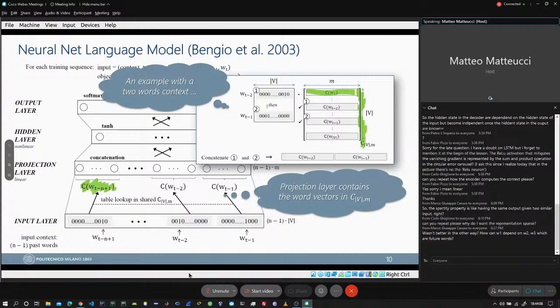When you have a vector which is a one-hot encoding, basically it selects one specific part of this matrix. So in line 1 you have the encoding of word 1, and in line 2 you have the encoding of word 2. So basically this matrix is computing the projection of your one-hot encoding into an embedding space.